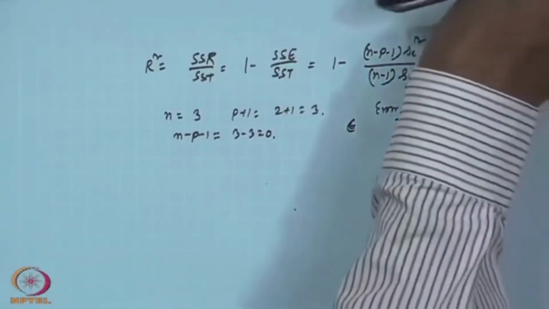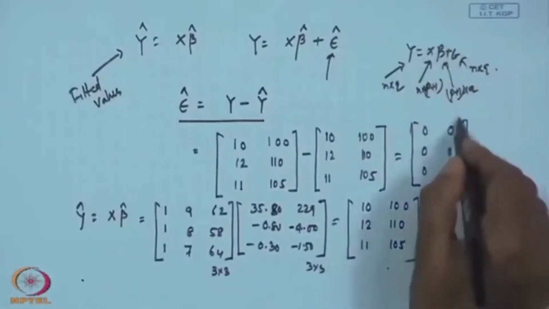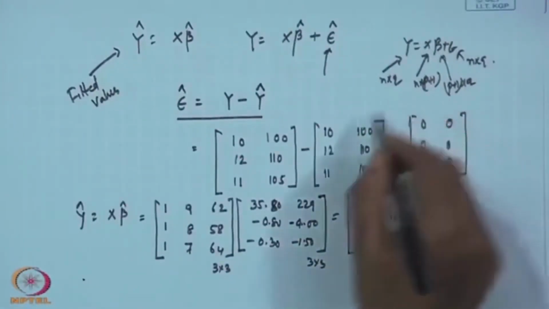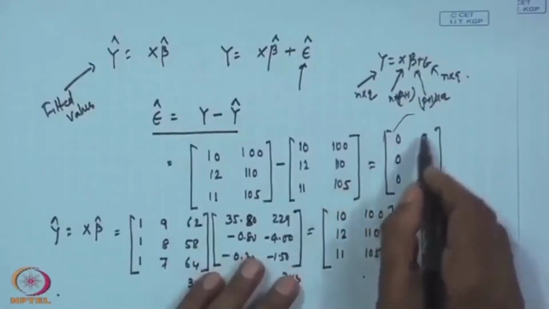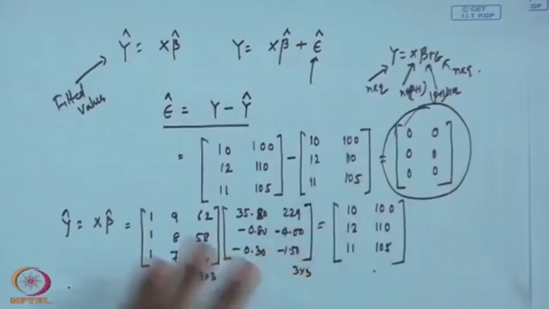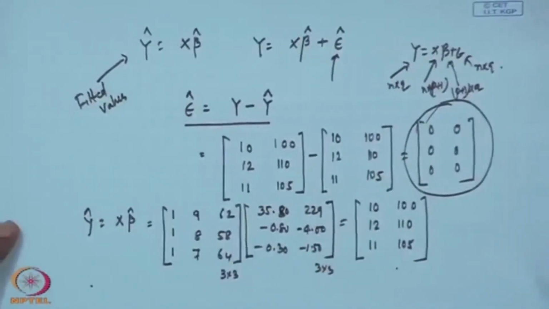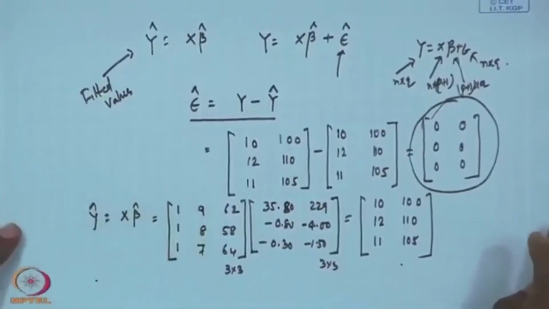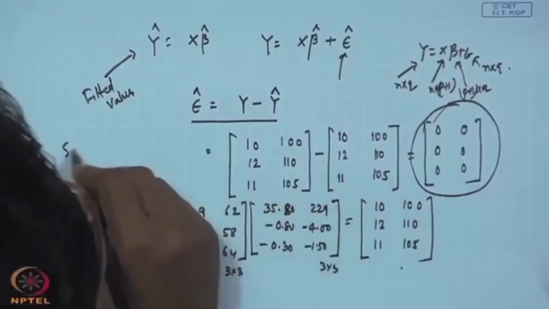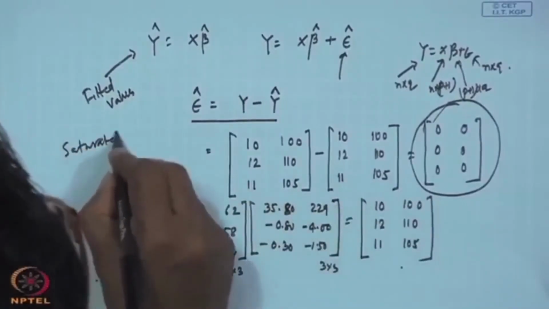We should not be happy under such conditions. This is an indication that your model is not at all a fit model, although we say R square 1 means perfect. This is a saturated model. What is a saturated model?